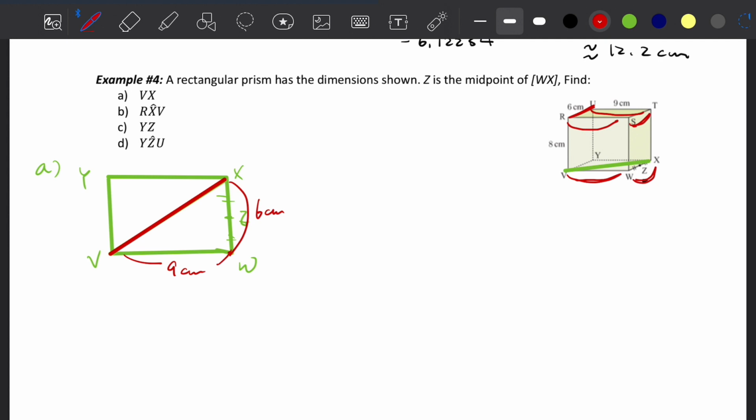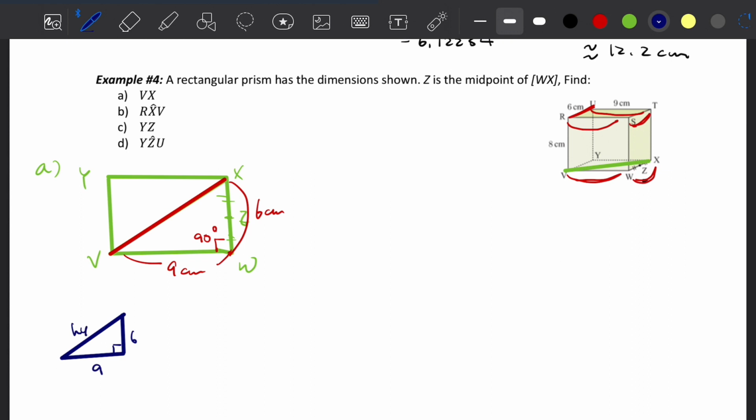Then we have to find the line VX, and you can clearly see that this is a 90-degree angle. If I redraw this triangle here, you can see there's a triangle, right? It actually does look like a triangle, for which we can use the Pythagorean theorem, right? So this is 9, this is 6.